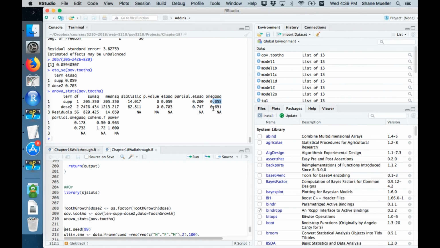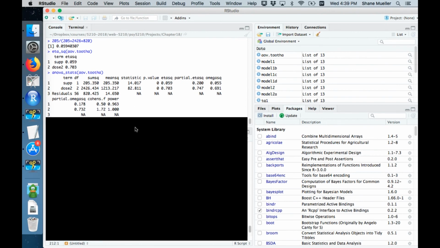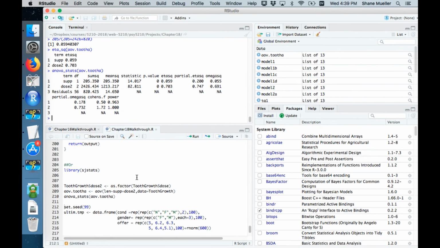Omega squared punishes you a little more than eta squared does for having multiple predictors. And then it's got Cohen's f, which I've sometimes used to do power analyses, and then the overall power of the test. So all of this is really handy to have, and it gives you all of these measures in one fell swoop.